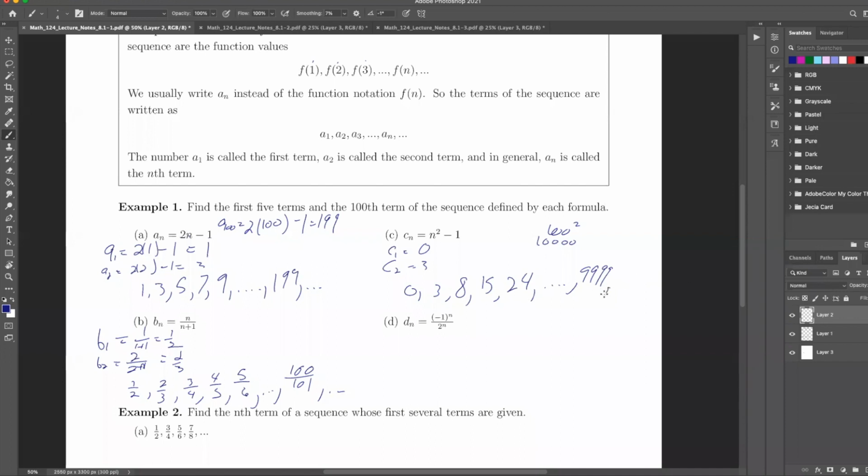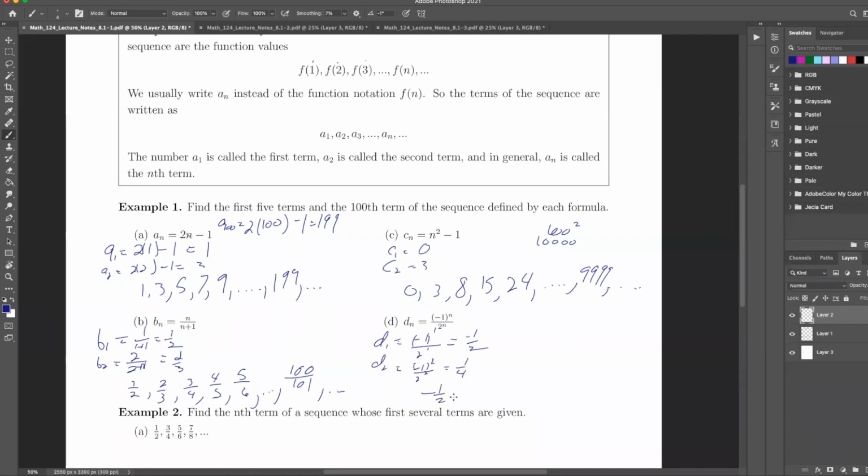So that's our 100th term. Here we have an alternating sequence. Anytime you have this -1 to the n, it alternates. Let me show you that. So d1 will be -1 to the first power over 2 to the first power, which is just minus a half, right? d2 would be -1 to the second power, which becomes positive, over 2 to the second power, so this is positive a fourth.